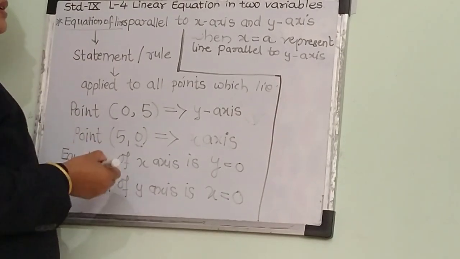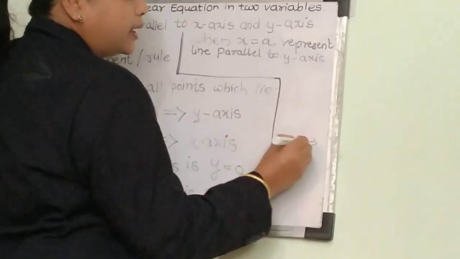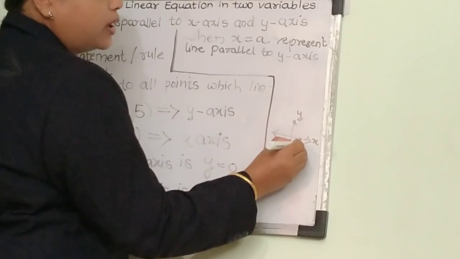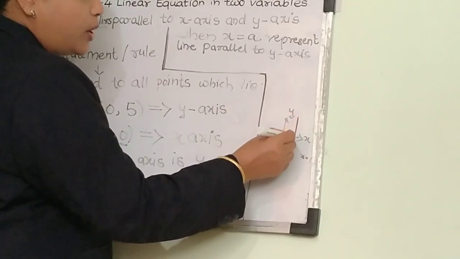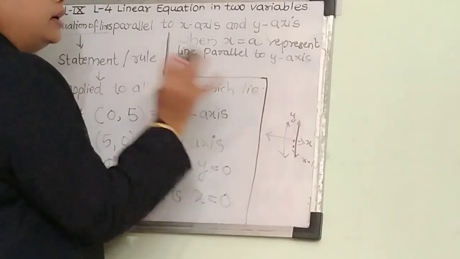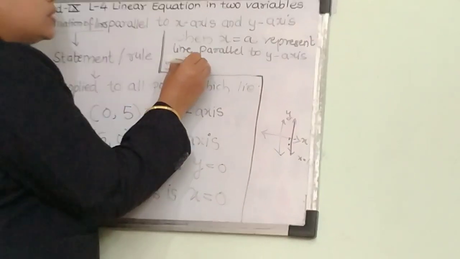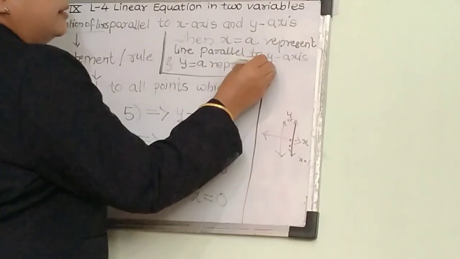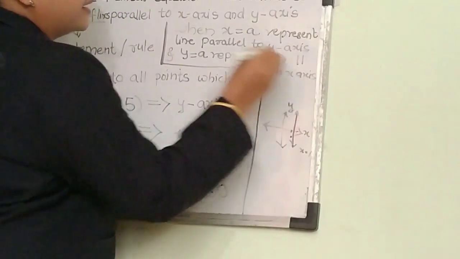So when we take x equals a, suppose I draw here the x-axis and y-axis, here x and y, if here 1 is there and my equation is x equal to 1, then I will draw the line passing through this 1, then this line is parallel to the y-axis. And when I take y equals a, that represents the line parallel to the x-axis.